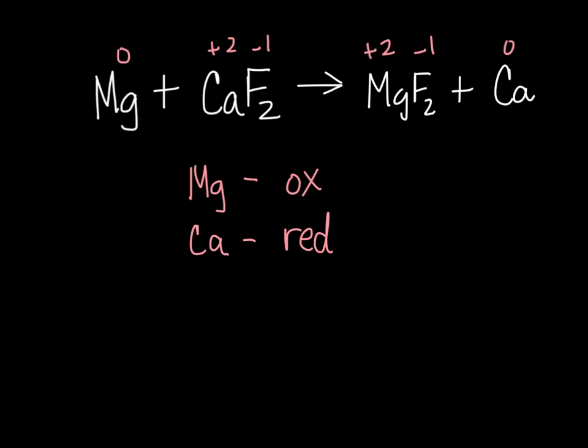Remember, oil rig: oxidation is losing, reduction is gaining electrons. And that's why they are those numbers. All right, and then let's just check the last one just to double check. Look at the fluoride: it is negative 1, but it stays negative 1, so there's no change for the fluoride. So we have identified which elements are being oxidized and which ones are being reduced.